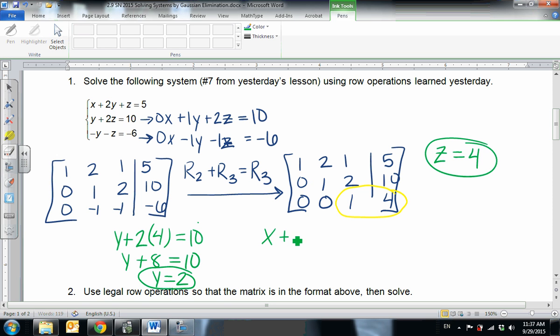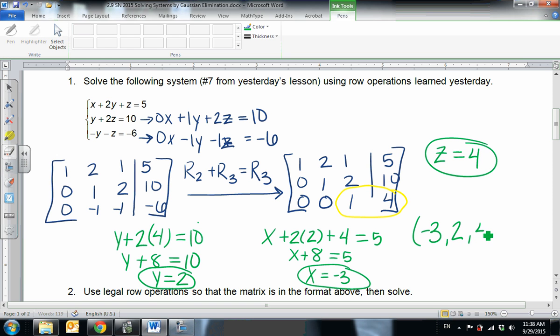So x plus 2 times y, so 2 times 2, plus z, which is 4, is equal to 5. So I'm using that top equation up here. Okay? So x plus 4 plus 4, so that's going to be x plus 8 equals 5. So what would x equal? Negative 3. All right, and how do we write our answer? Yep, x, y, z in an ordered triple: negative 3, comma 2, comma 4.